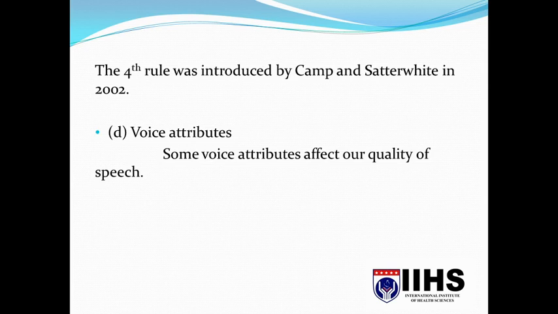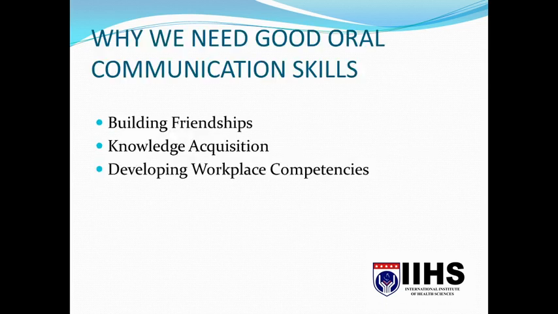The fourth rule was introduced by Camp later, and that is voice attributes, because some voice attributes affect the quality of our speech. Why do we need good oral communication skills? Because it helps building friendships, it helps to acquire knowledge, and also it develops workplace competencies.